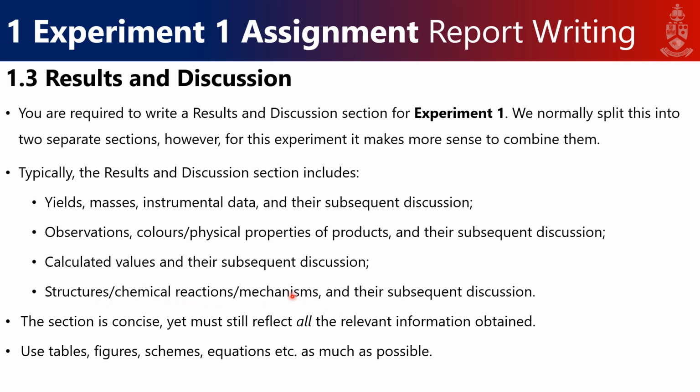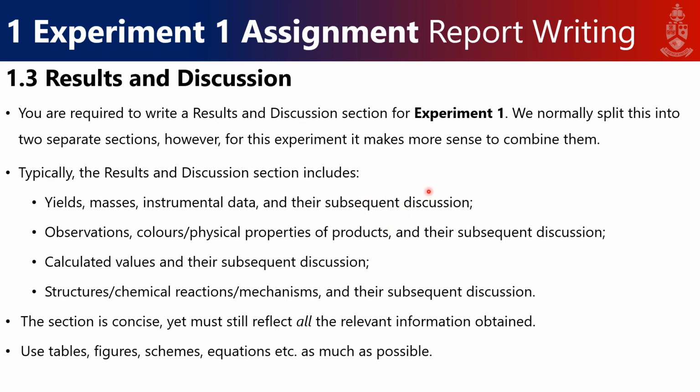And then in your discussion section, you would then discuss these things that you've just listed in the results section. But now, because we combine them, you need to list those things and then discuss.